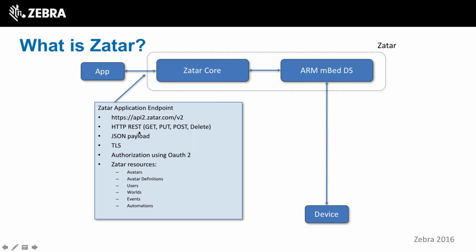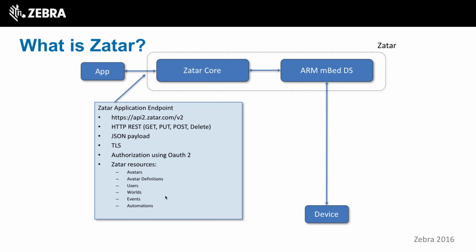It's standard HTTP REST, the sort of CRUDX model, get, put, post, delete, using JSON payloads, encryption using TLS, authorization using OAuth2, and by connecting up to that, you get all these resources abstracted for you: avatars, avatar definitions, users, roles, events, and automations. That's at the application side.